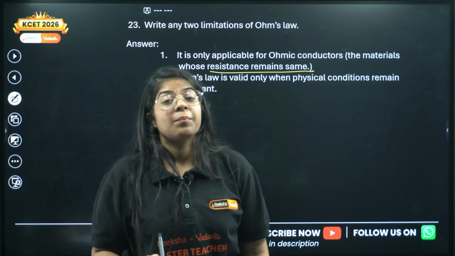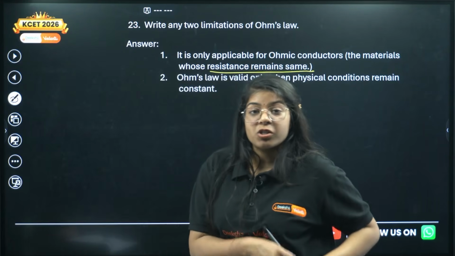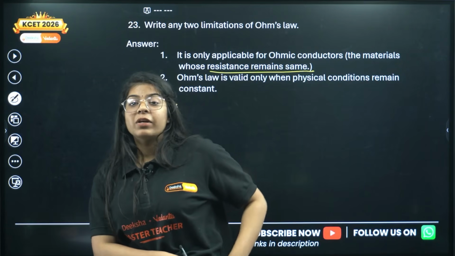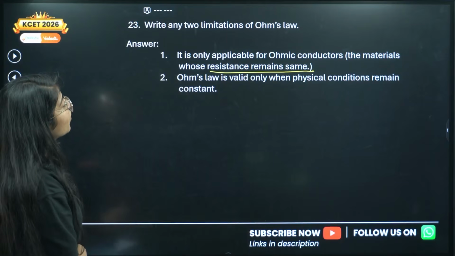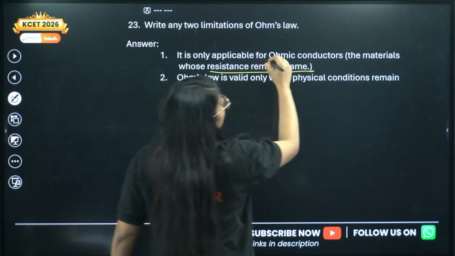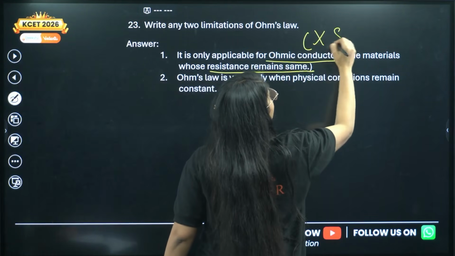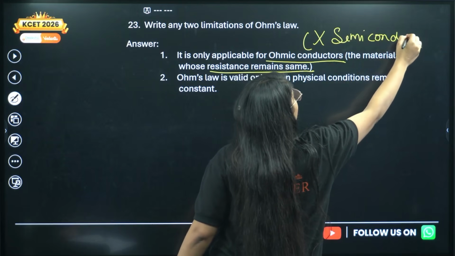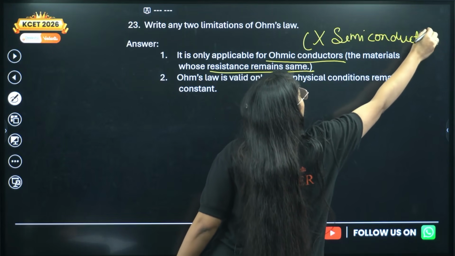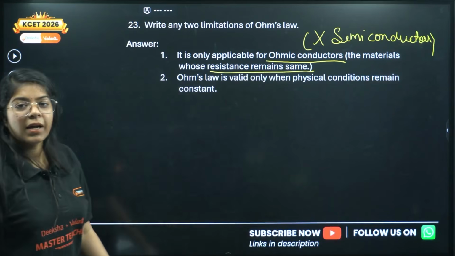That means temperature should not change, pressure should not change of the conductor we are measuring Ohm's law for. Correct? Okay, moving on. So it is only for ohmic conductors, so it is not valid for semiconductors. In case of semiconductors, we cannot use Ohm's law, correct?